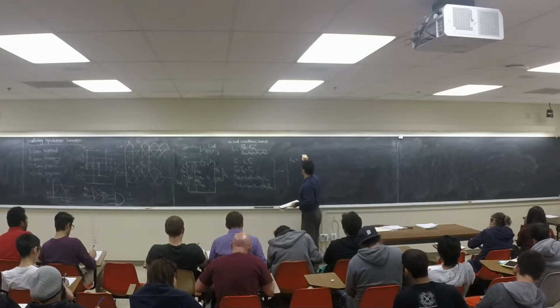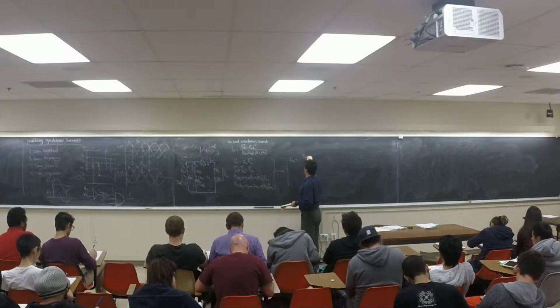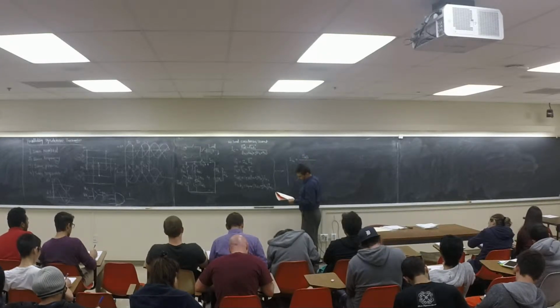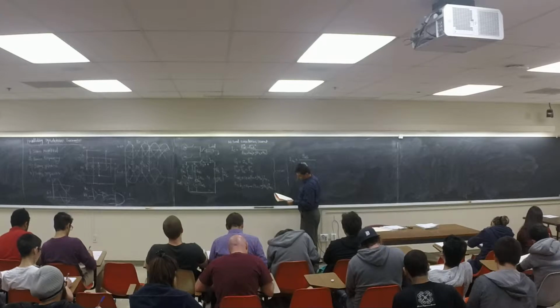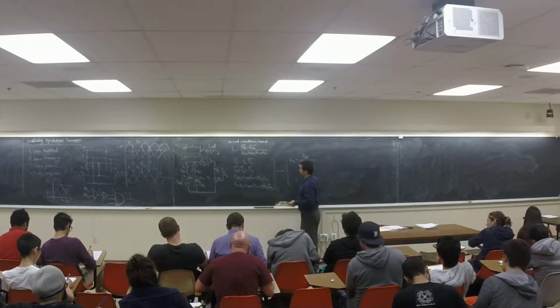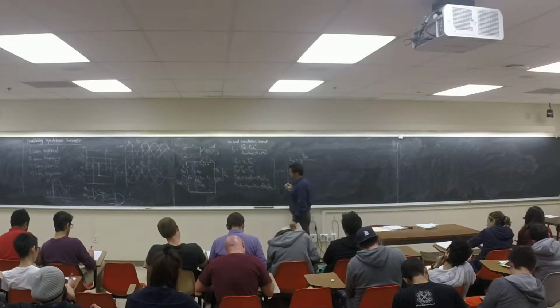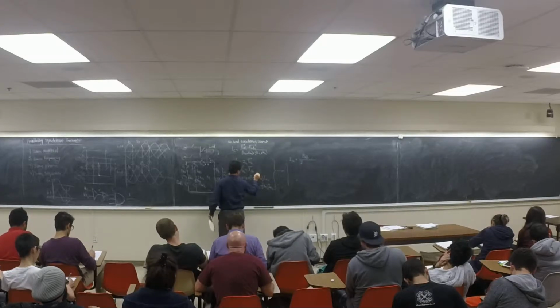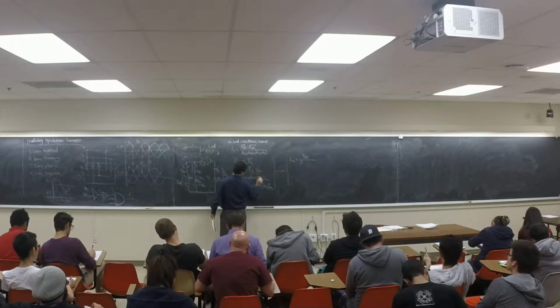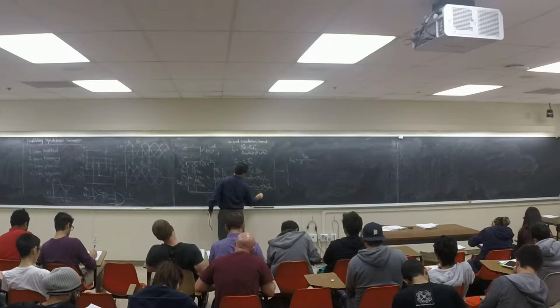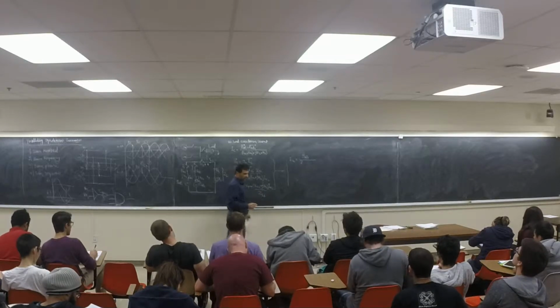IA1 is going to be EAF1 over Z. Oh, let's put it there. We call this one ZS1. Let's call this one ZS2. ZS1 and ZS2.